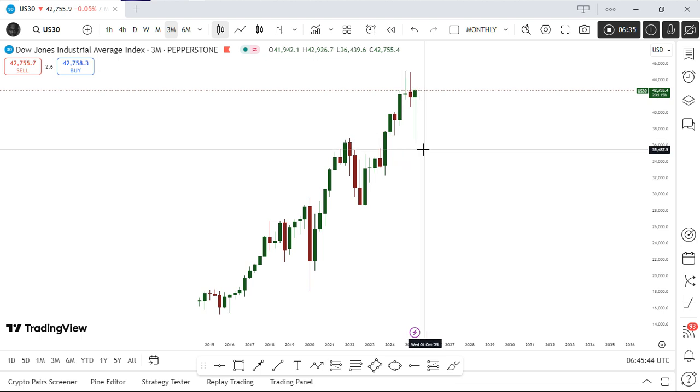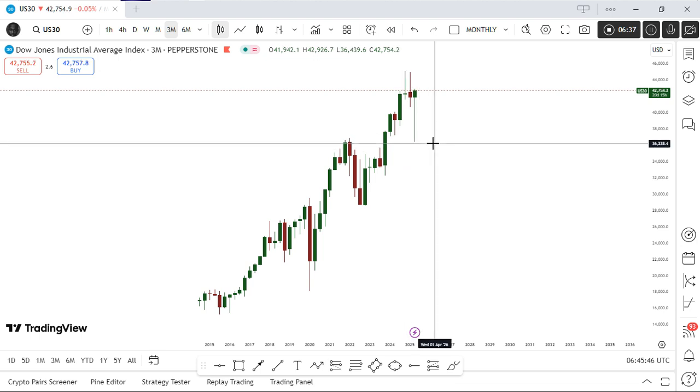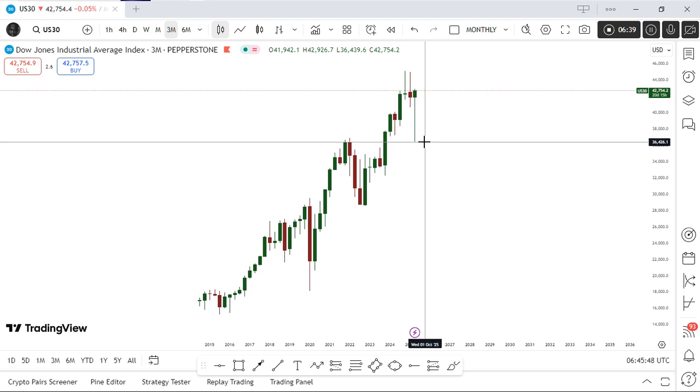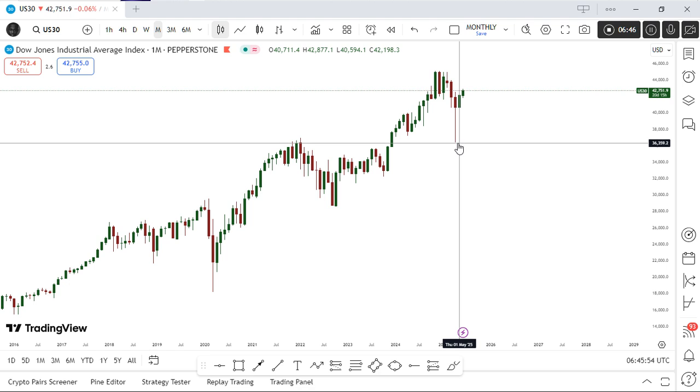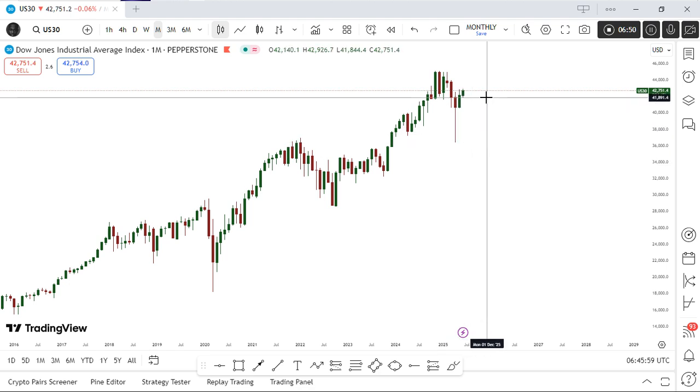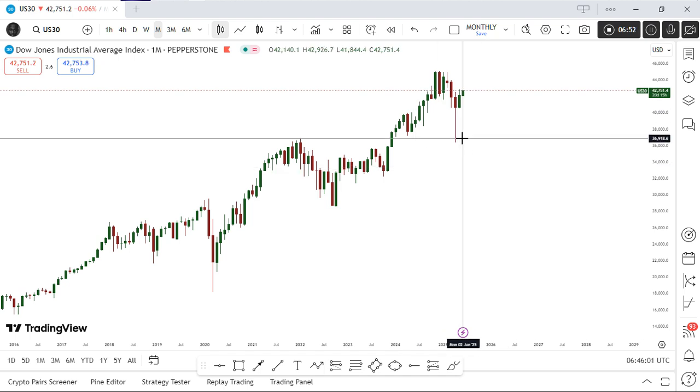But we could see that it's a liquidity. When I move to the monthly time frame, you're going to see it clearly. Can you see this? You can see that this is a higher low. We are about to have another higher high, right? This is going to be very, very interesting.